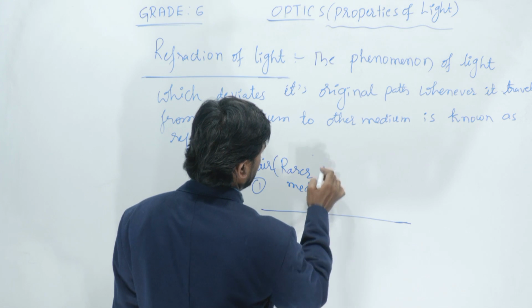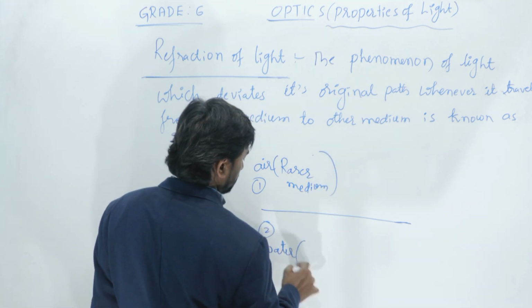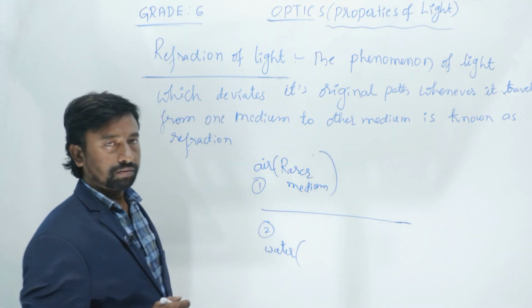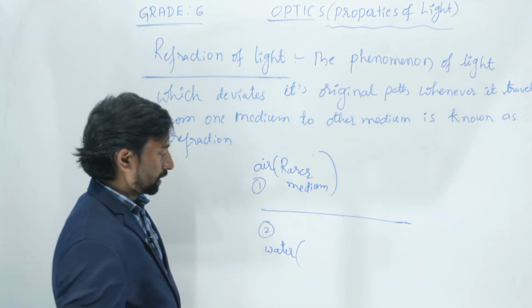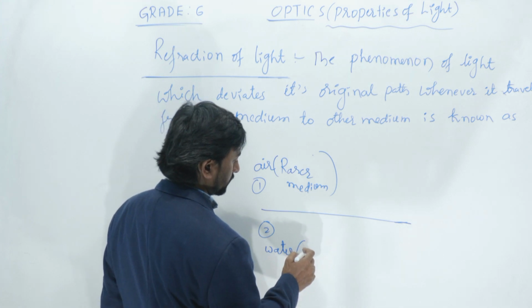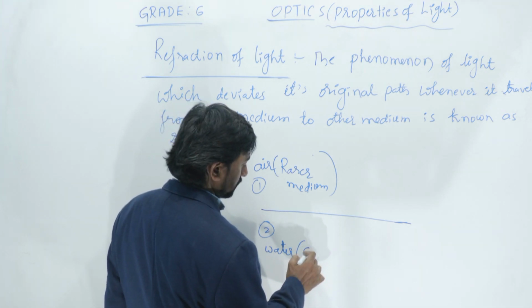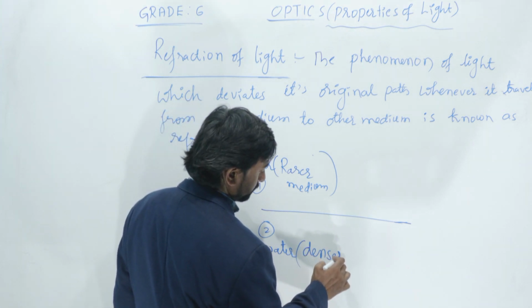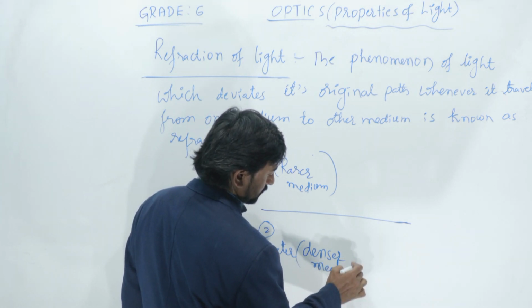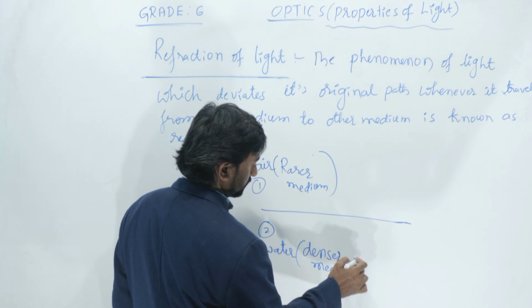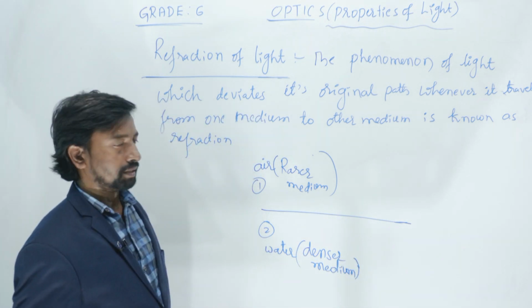Rarer medium means the density of the particles of the medium is less. Here the density of particles in the medium is greater, so it is a denser medium. Where the density of the particles of the medium is greater, that is called the denser medium.